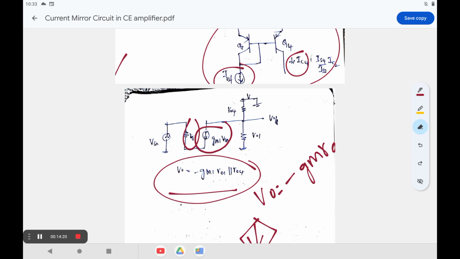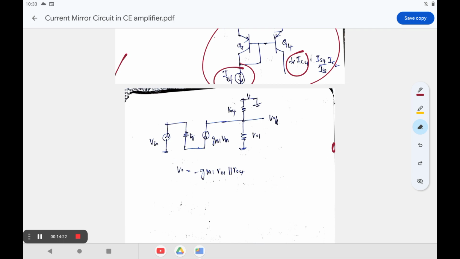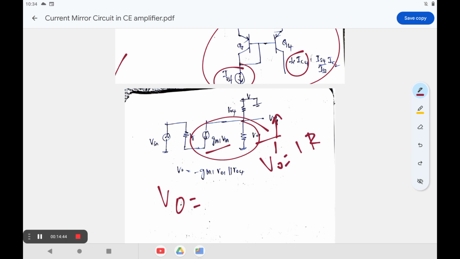With the help of this circuit, we can find out the output resistance. Generally, gain is output by input, right? In this case, the output voltage is the voltage drop across the resistance due to some current. Therefore, V0 is equal to I into R, that is the general formula.